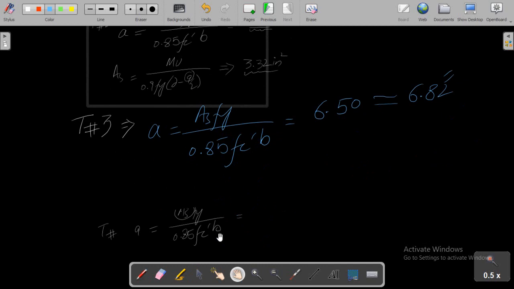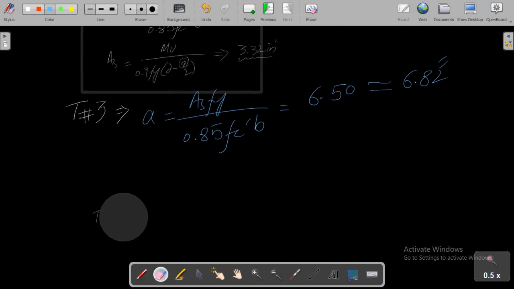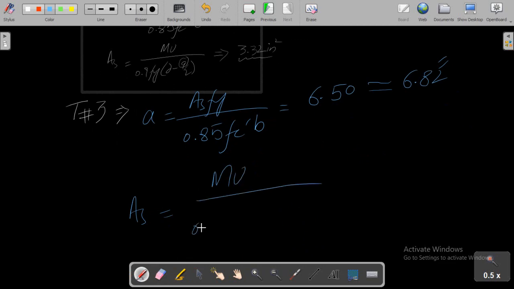Now we will recalculate the area of steel from Mu divided by 0.9 Fy into (d minus a over 2), and this time we will use this a.